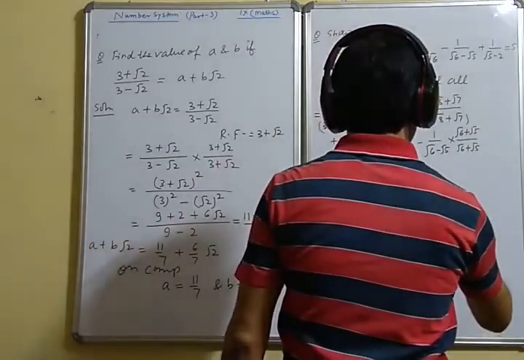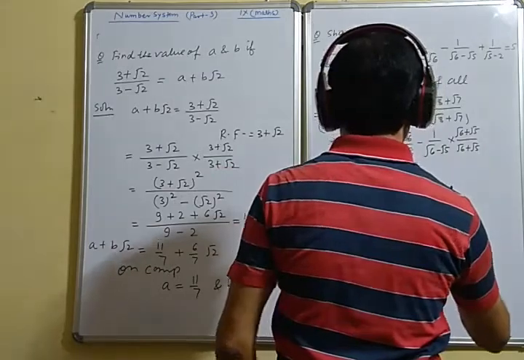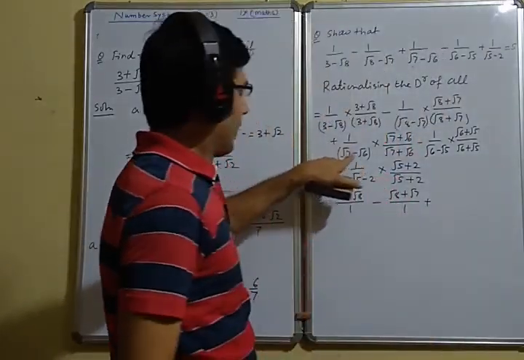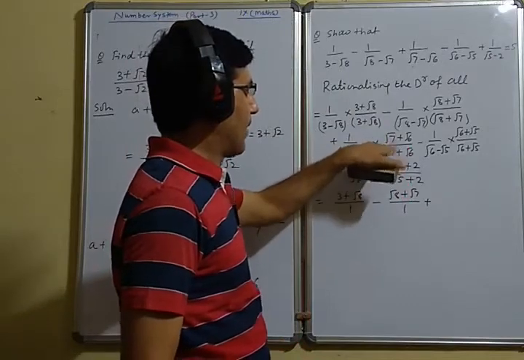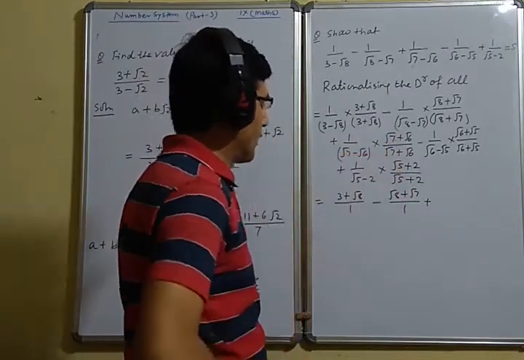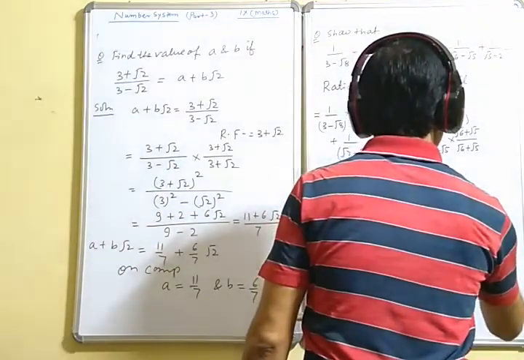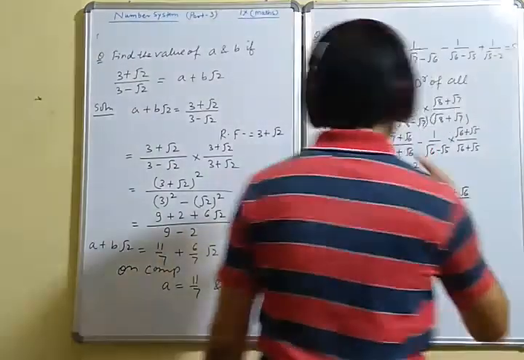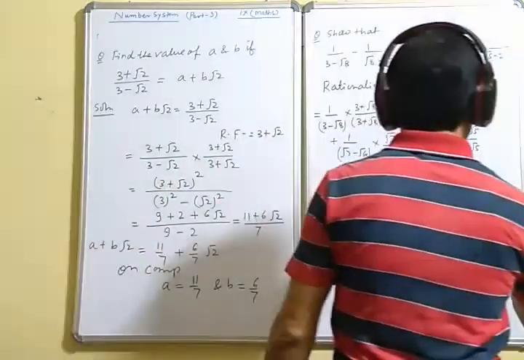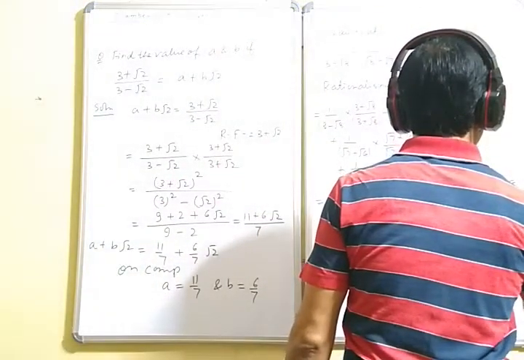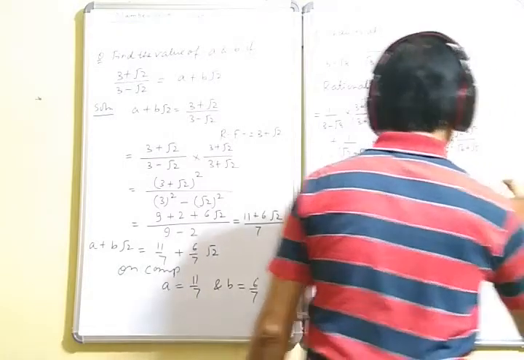Similarly, 1 upon root 7 minus root 6 multiplied by this root 7 plus root 6. It becomes root 7 plus root 6 divided by 1. Next, minus root 6 plus root 5 divided by 6 minus 5, that is 1.